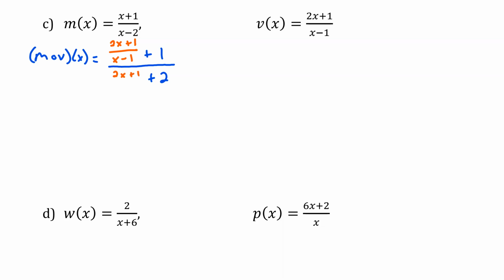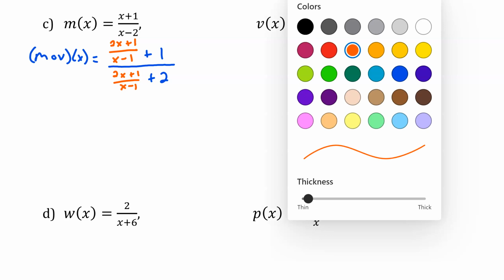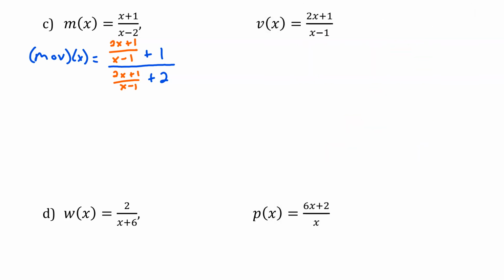Now, in order to get rid of these fractions within fractions, I'm going to multiply each term by that denominator of an x minus 1. So I'll multiply each of these by an x minus 1.